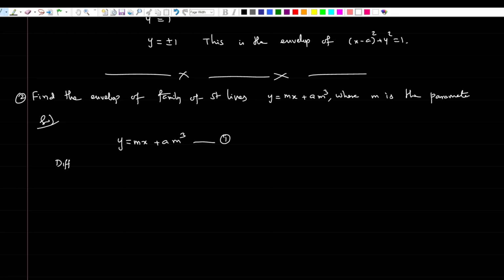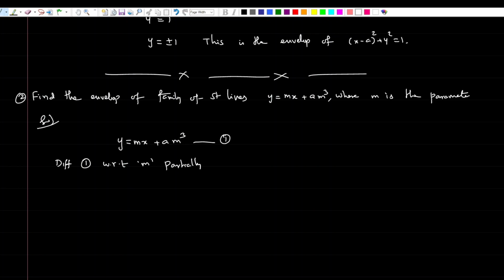So differentiate as per the step. The first step is you have to differentiate the given family of curves with respect to the parameter. Here the parameter is m, with respect to m. Therefore that is partial differentiation.